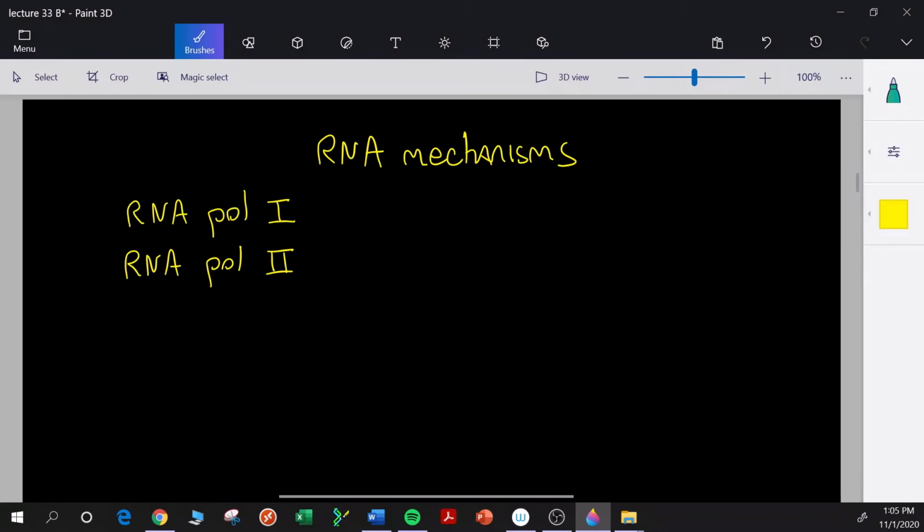So we have RNA polymerase 1, RNA polymerase 2, and RNA polymerase 3. Some types of eukaryotes have additional RNA polymerases, but all of them have these three, and these are the primary RNA polymerases. And eventually, I will transition to calling these just pol 1, pol 2, and pol 3.